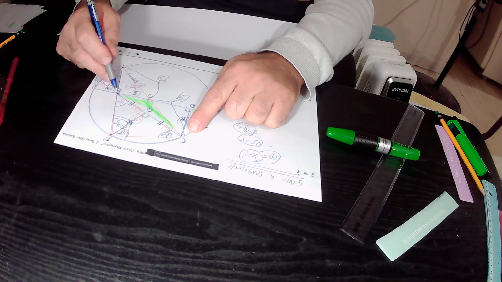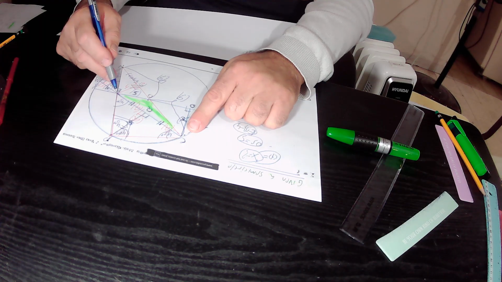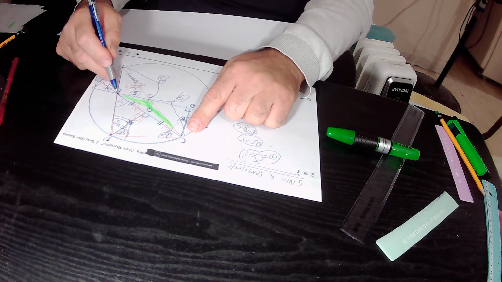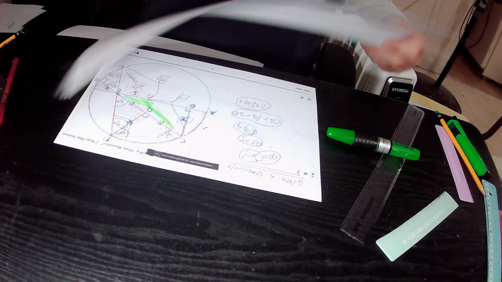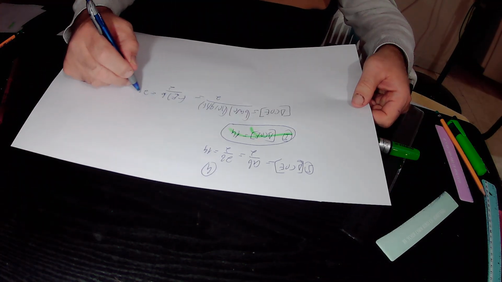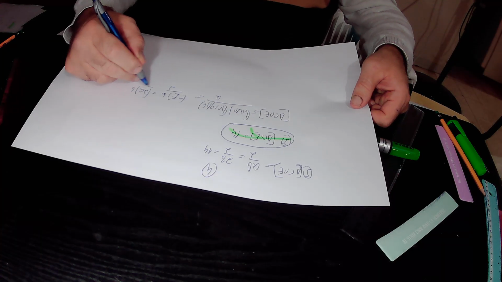CE equals A plus A, it is 2A. We substitute CE by 2A times B over 2.